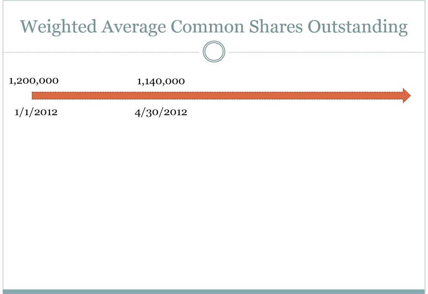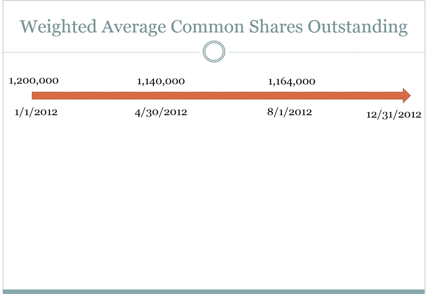So as of April 30th, there are now only 1,140,000 shares outstanding. We had 1.2 million on January 1st, and on April 30th we took 60,000 shares out of circulation, which reduces the number outstanding to 1,140,000.